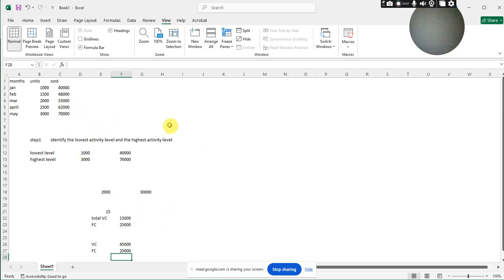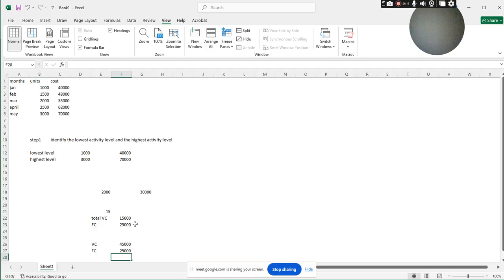What we all agreed on is that this fixed cost will be the same throughout. For January, your fixed cost is 25,000. February, fixed cost is 25,000. March down to May, the same 25,000.